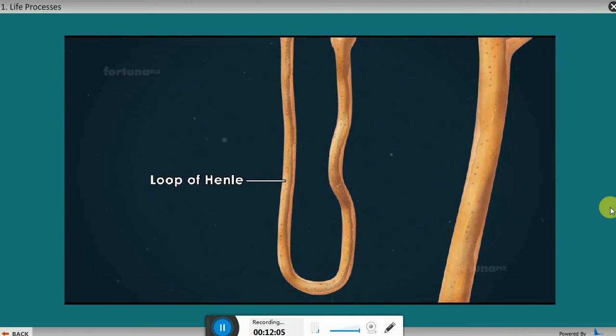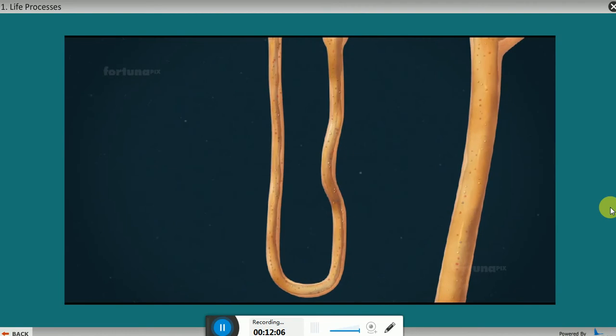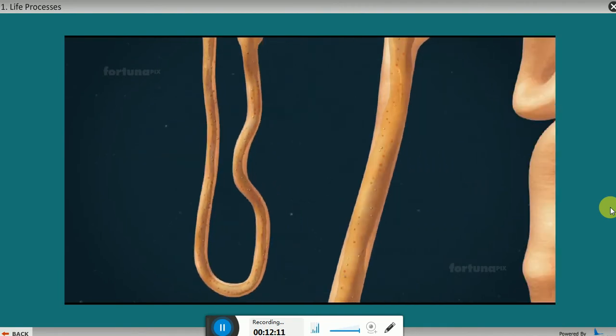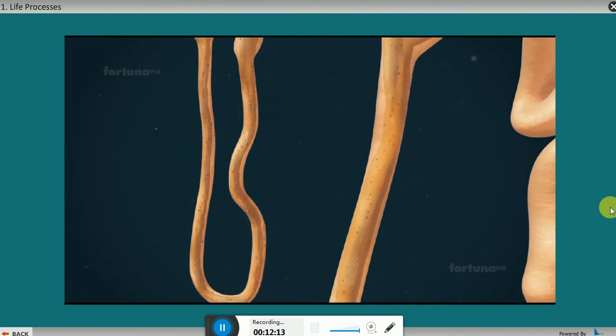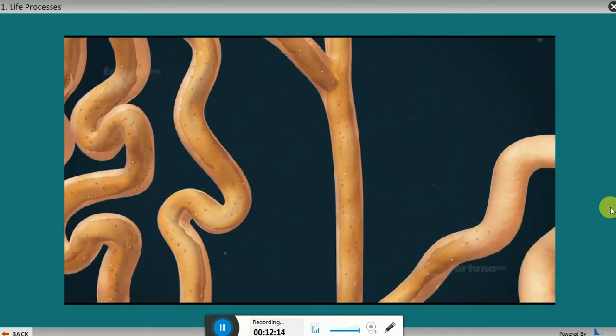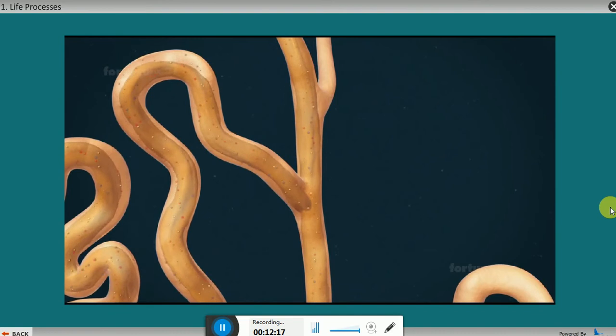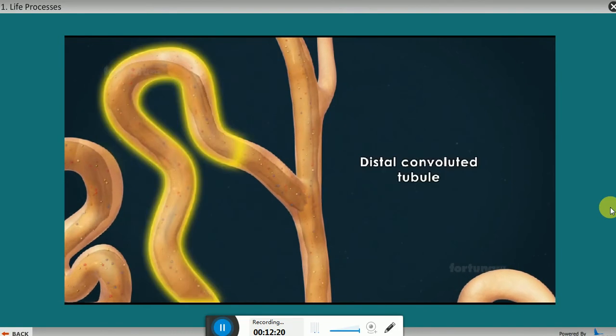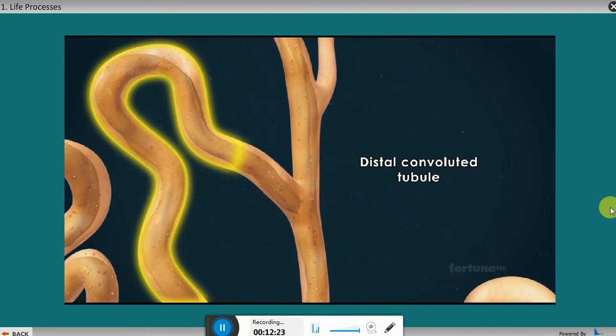The loop consists of two parallel limbs, one of which is descending and the other ascending. The ascending limb travels into the renal cortex, at which point it dilates into a distal convoluted tubule.